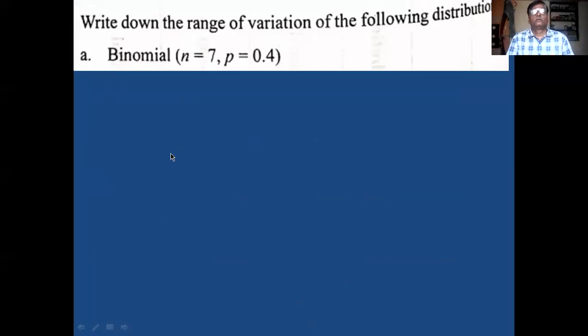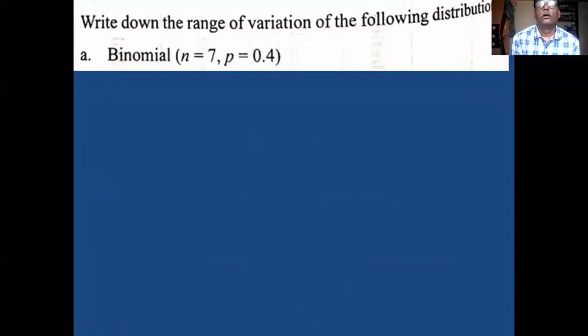The next is the examples on binomial distribution. This is the question. Write down the range of variation of the following distribution. What is the range? Range means the expectation of a binomial variate. In the binomial variate, N is equal to 7, P is equal to 0.4. This is the given thing.